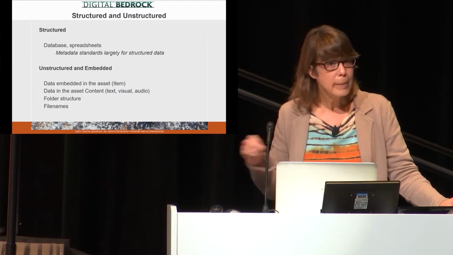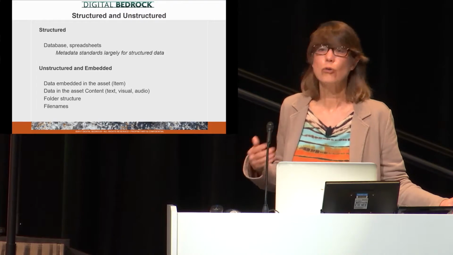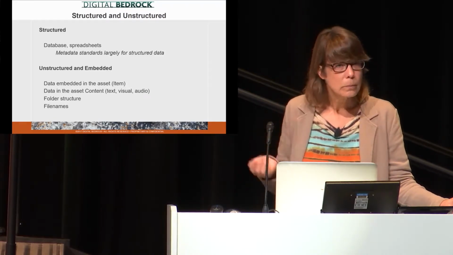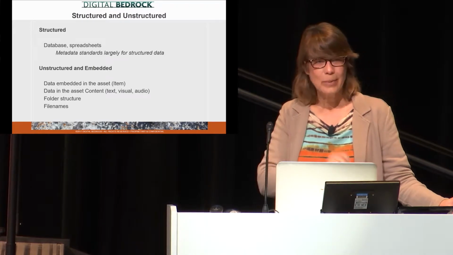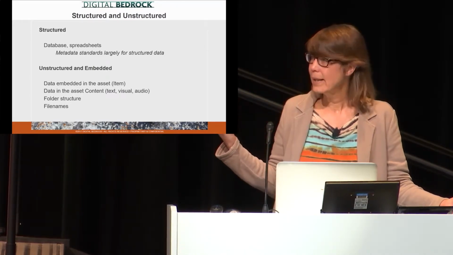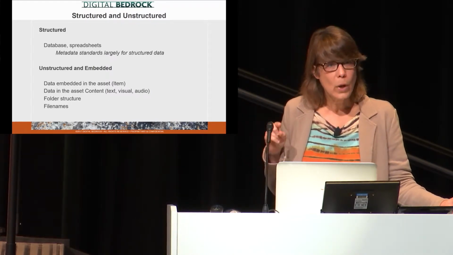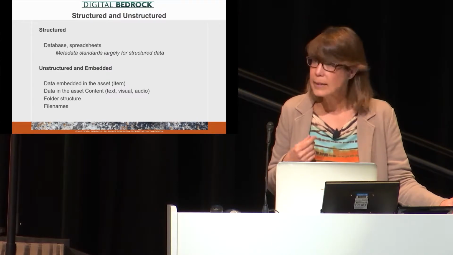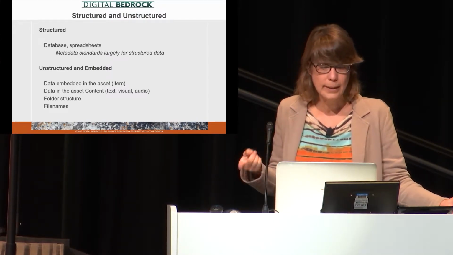You might have descriptive metadata embedded in the file, like EXIF data, camera, or director data, title, GPS data. You have data in the asset, that's the content, like what we just saw. What was this frame about? That you can capture through machine learning to know the visual data, or out of the text if you have OCR. What's the data within the content, not the item, the content.